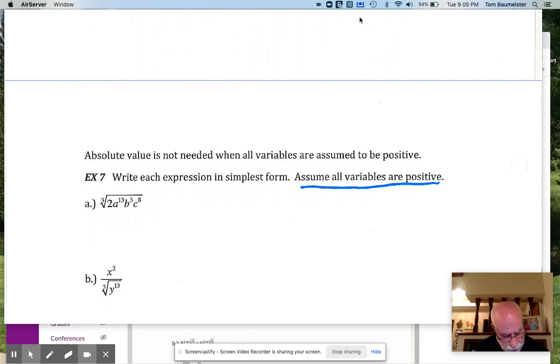So we can write the third root of a to the 13th. Remember, I can write that as a to the 13 over 3. Remember that 13 over 3, the bottom one is always going to be your index right here. Okay? Now, I want you to think on that one there.